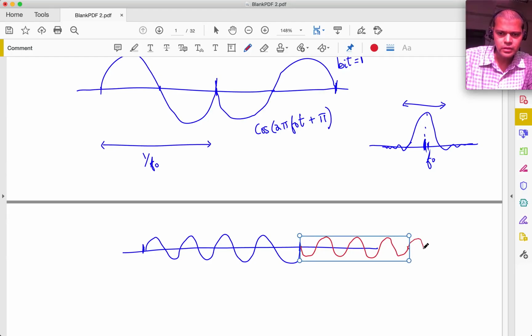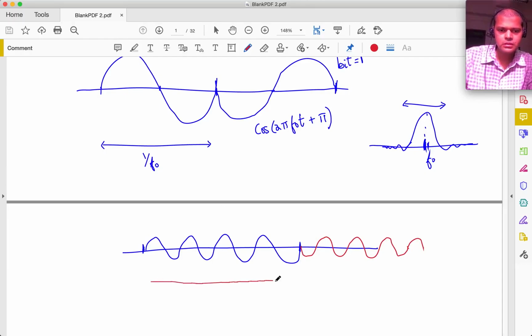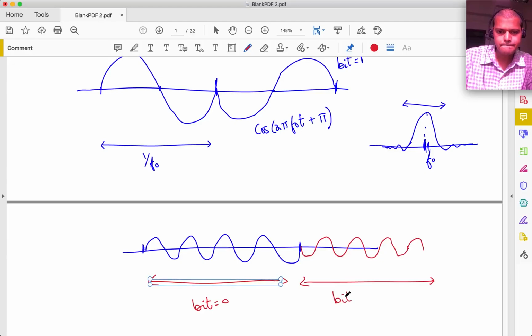Okay, I think we need one more, right? So this corresponds to bit 0 and this corresponds to bit 1. In this case, because I am changing the phase only more rarely, this is going to be much narrower than in this particular case.